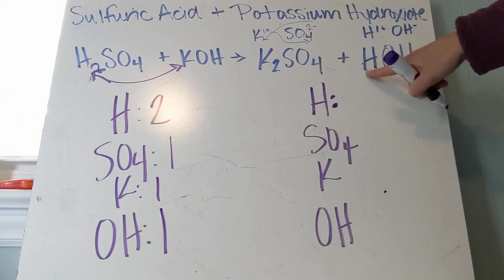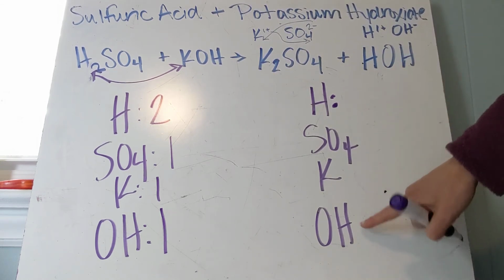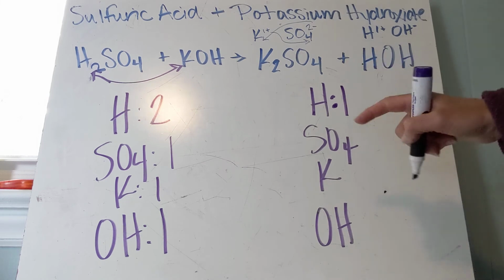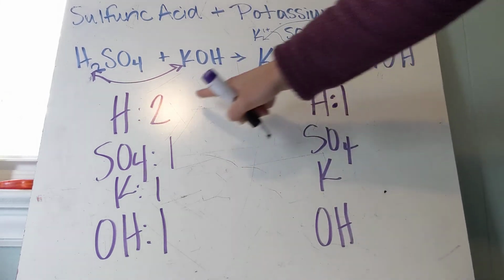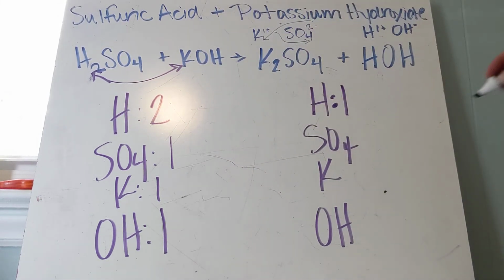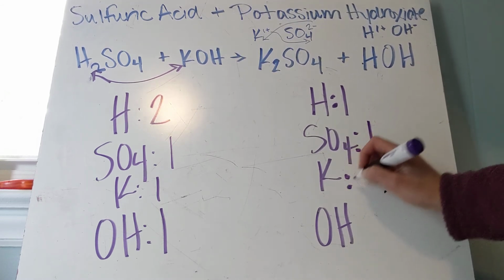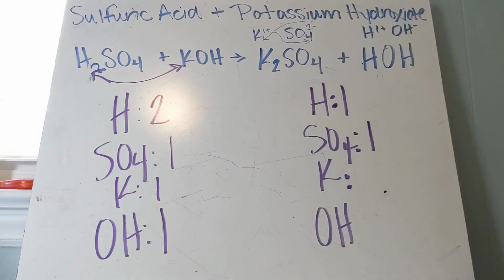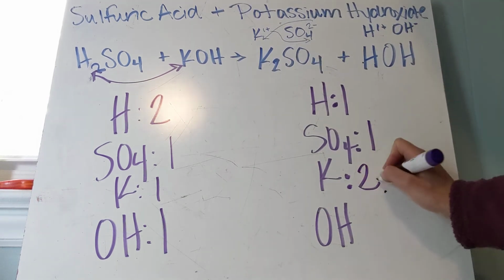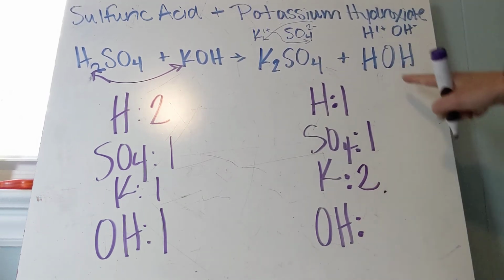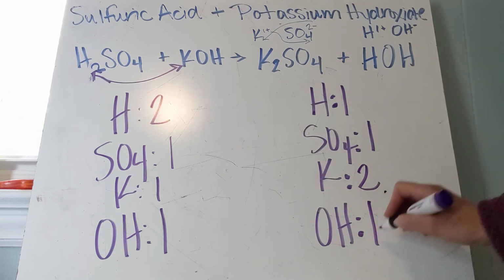On the right-hand side, how many hydrogens not combined with a hydroxide? 1. Ooh. So we are not balanced right now. Sulfates, 1. Potassiums, 2. Oh, definitely not balanced. And hydroxides, 1.